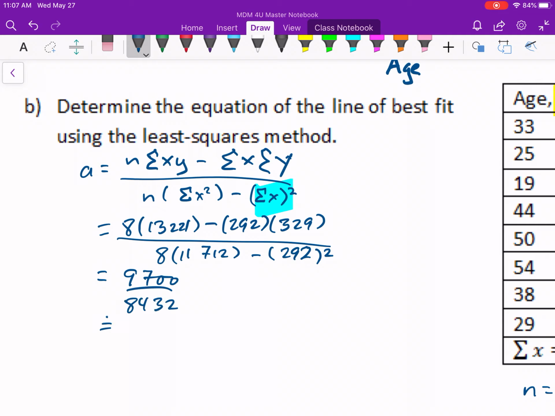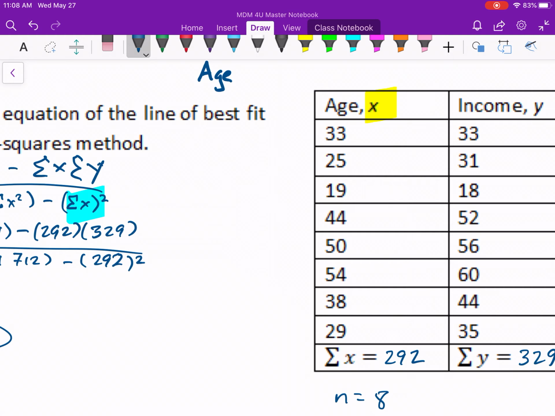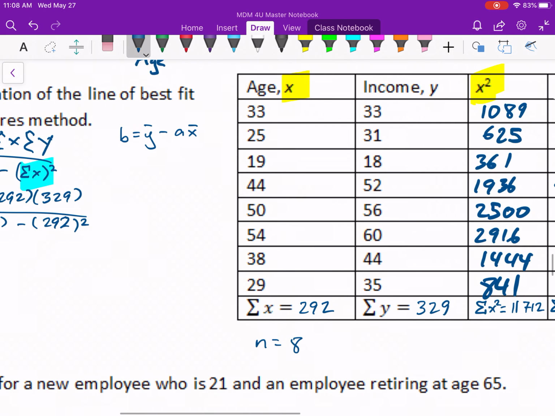To do the B now, I can use this A. Remember, to get B, that was y bar minus A times x bar. So we need to know the average of the y's and the average of the x's. In other words, we need to use this divided by 8 to get the average of the x's.